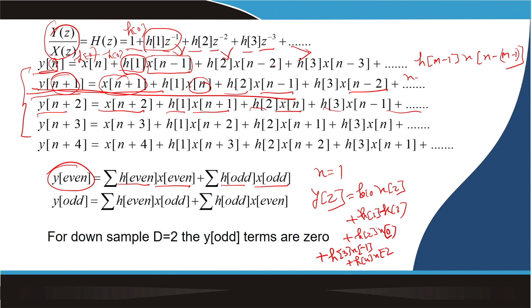So you see h2 x0, h4 x of minus 2, and x1 h1, h3 x of minus 1.